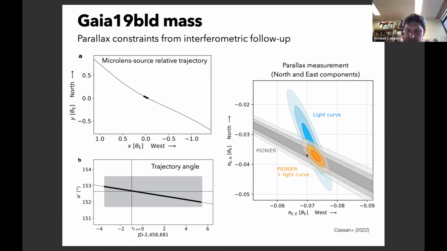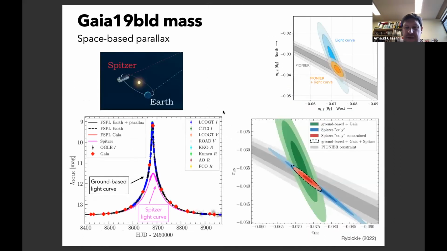And now let me go very quickly to this slide, where I show you the light curve observed by Spitzer. Since the points of view are different, the light curve will be different, and from this you can also put some constraints, which are the blue ones. At the end, you see that the constraint you obtain from Pioneer alone, and from the light curve with these two points of view, the space satellite and Earth, give exactly the same result, which is very impressive.